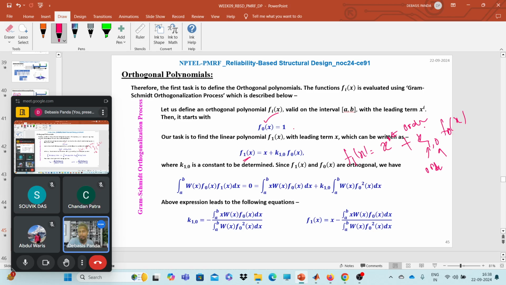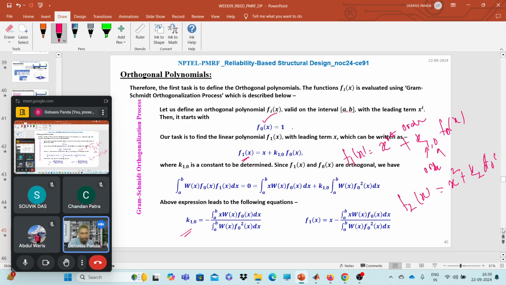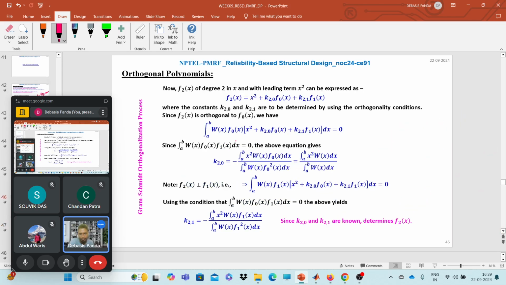So first we have this equation. Now if we solve this equation, we can have this. Now if you go to the second order, what is the leading term of f2 x? x square, plus k20 into f0 x and all these things. Like here you can see first term x square, then k20, k21.